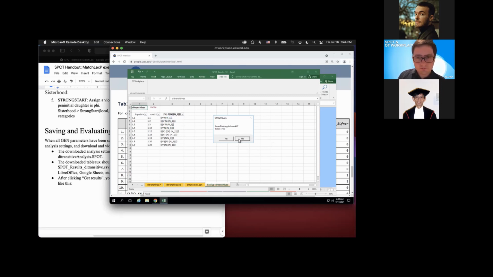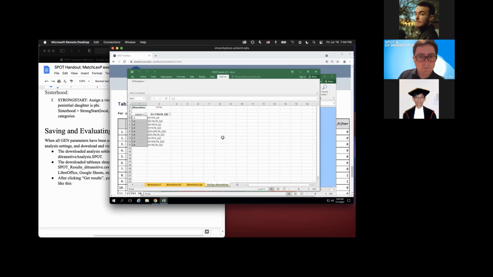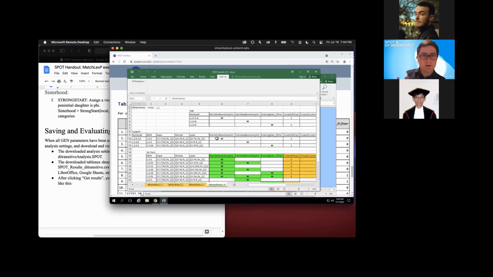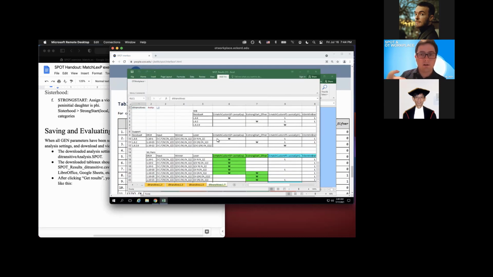So for now, once you get to this page, we can click yes. So I'll press yes. And then OTWorkplace is going to cycle through and calculate the ranking for each language.